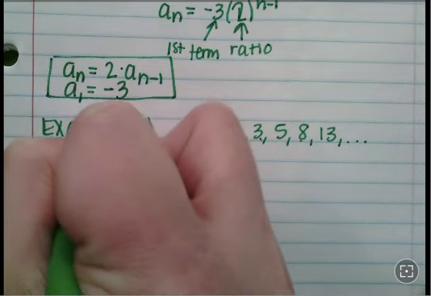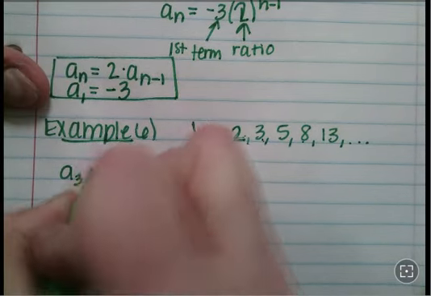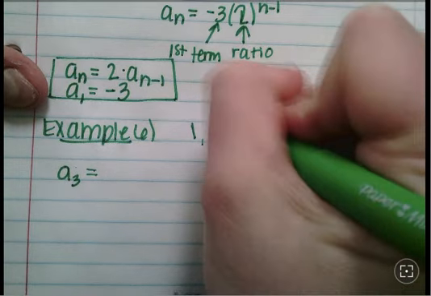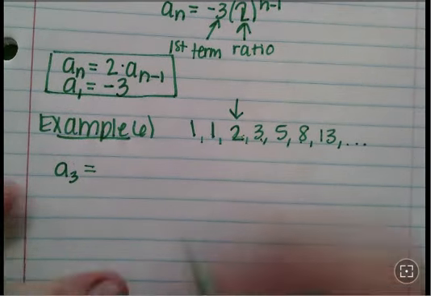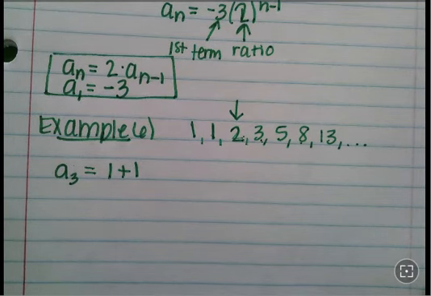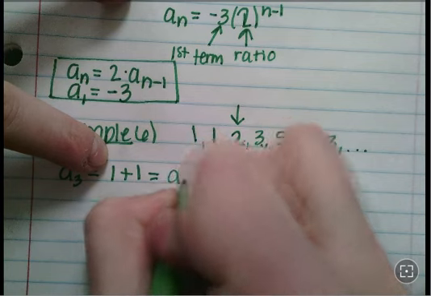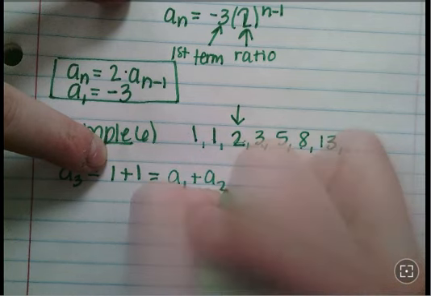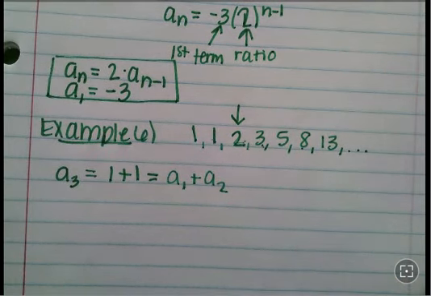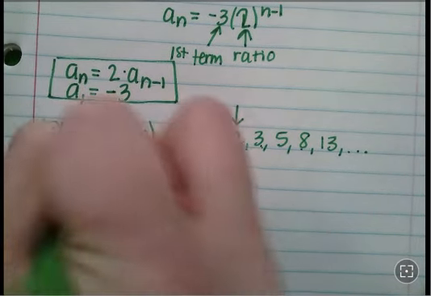Let's look at the third term. I just picked the third term out of thin air because I know what this rule looks like, and so I'm trying to help you get there. The third term, which is 2, was taken by adding 1 plus 1, right? Well, these were the first term and the second term. So what about the fourth term?